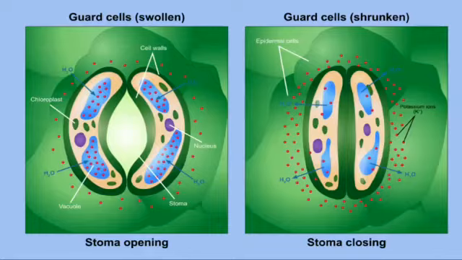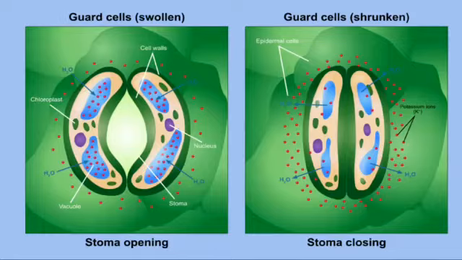The other function is regulating water movement through the transpiration process. So the stomata is responsible for gaseous exchange as well as regulating transpiration, the water movement.